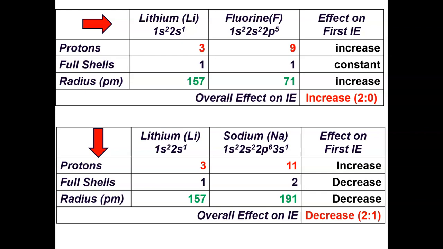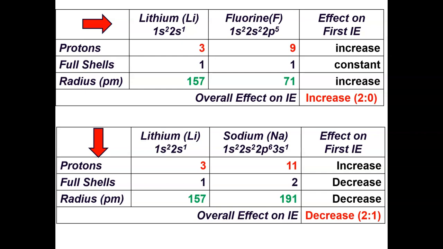Finally, look at the size as we go down a group. Lithium and sodium. There is clearly a bigger atom, and we get that from the extra shell that's been added. So there is a decrease in the ionization energy, because there is an increase in the size of the atom. The outer electron is further away, and so it is easier to remove it.